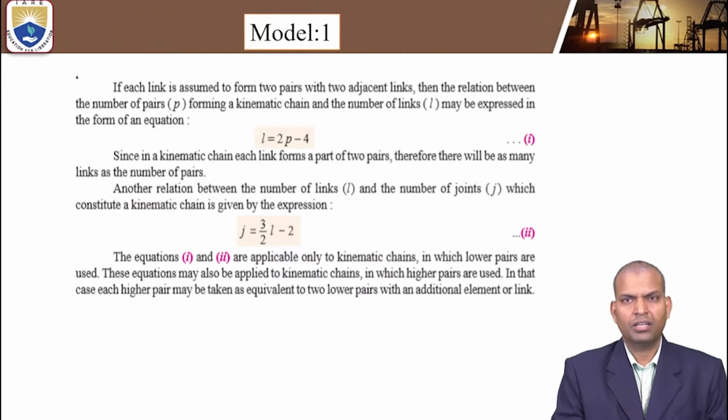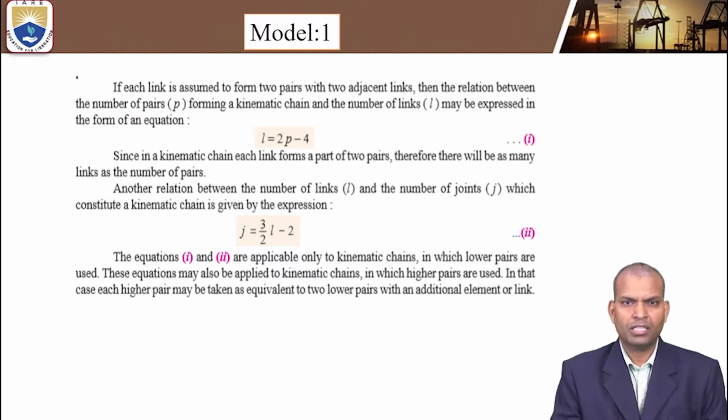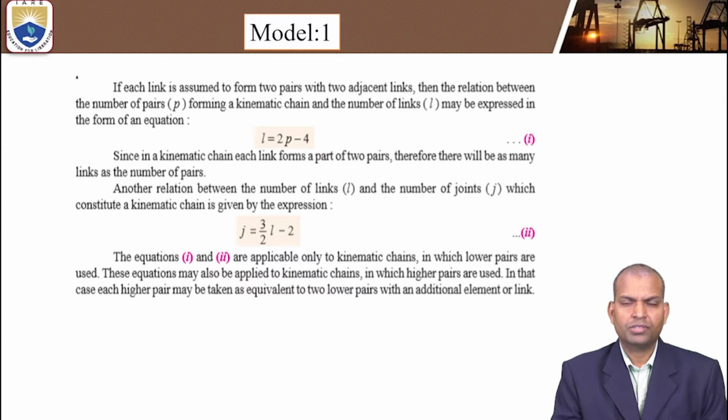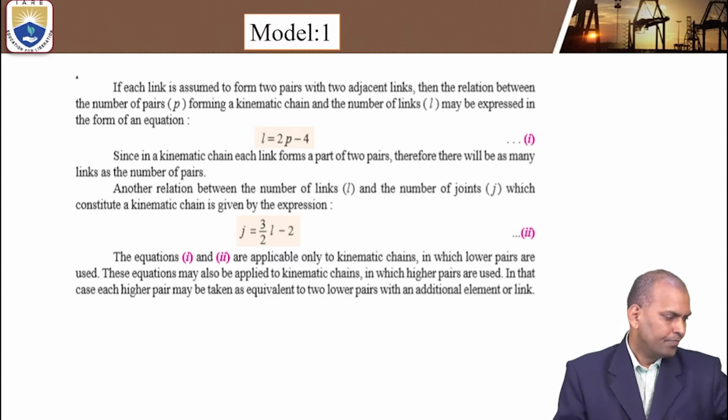Now, if you want to find out whether it is a kinematic chain based on Grashoff's law, there is a relation between the number of links and the number of pairs.